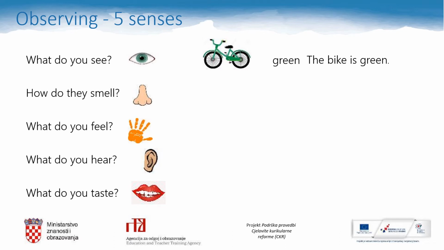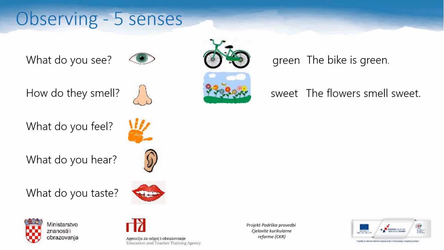What about smell? Here is the picture. What do you see? Flowers, right. How do they smell? If I give you the word sweet, what do you observe? The flowers smell sweet.